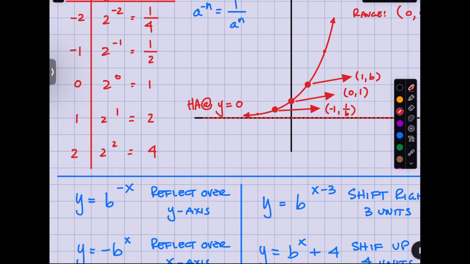Now let's look back here at the parent function. Any base raised to the 0 power is always going to equal what? 1. So if I plug in the x value as 0, it doesn't matter the base, my y value equals 1. Hence, 0, 1. 0 is the x value, 1 is the y value.